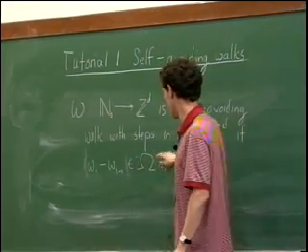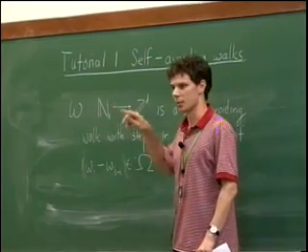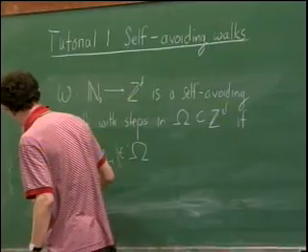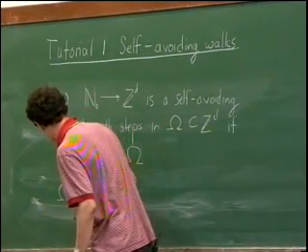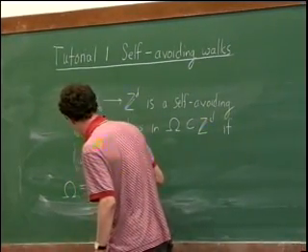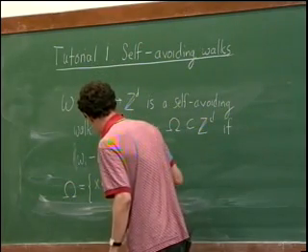If you recall this morning, we've also looked at walks taking steps with a more general step distribution, but for now, omega, the set of steps, will be the edges in Z^d of unit length.